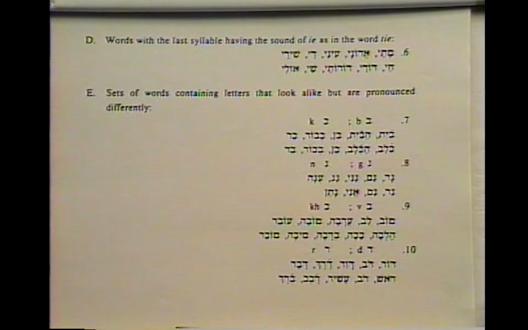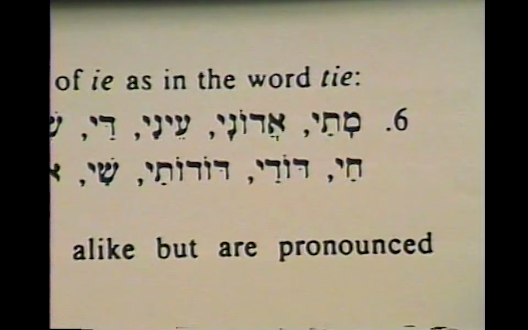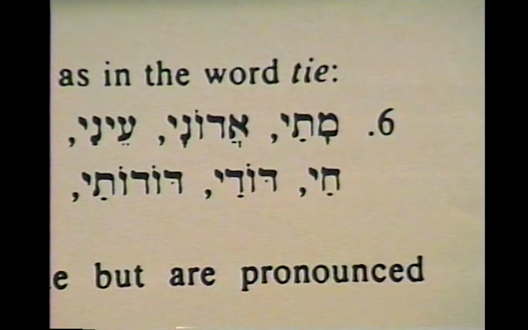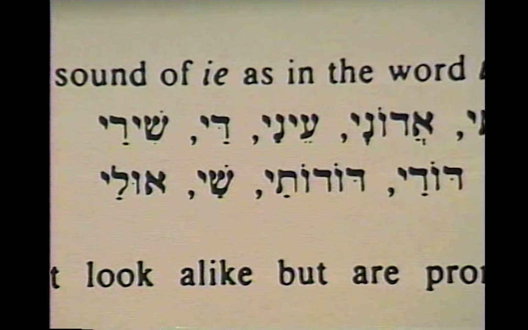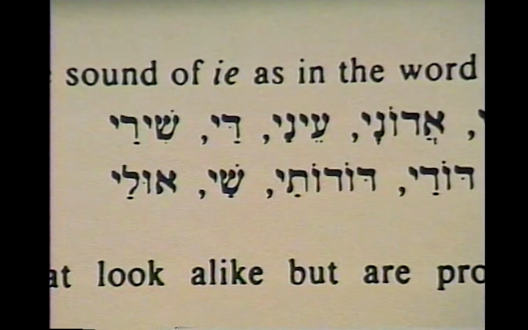Letter D. Words with the last syllable having a sound of IE, as in the word tie. This is number 6, as you can see on the screen. Matai, Adonai, Enai, Dai, Shirai, Chai.